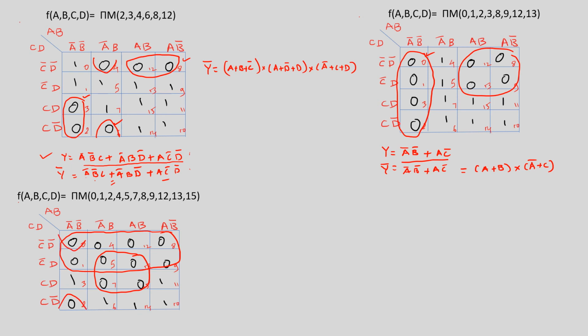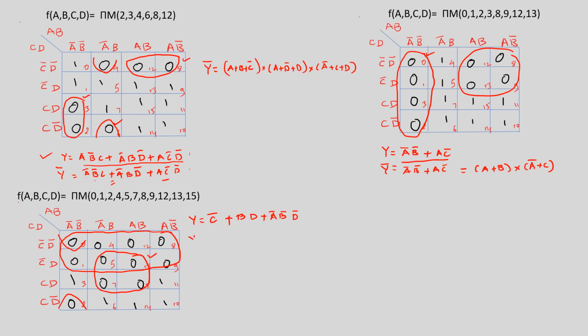So answer for this is, for the octet, answer is C bar. Answer for quad is B, D. And answer for pair is A bar, B bar, D bar.